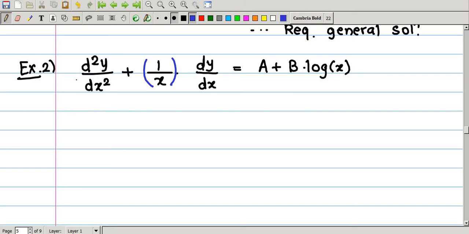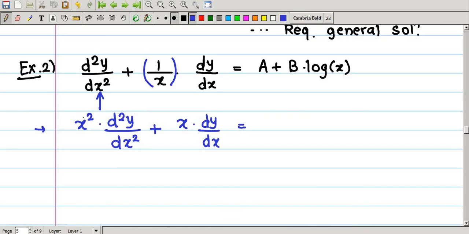So since the derivative is of order 2, we multiply each term by x square. So this will be x square into d square y by dx square plus x into dy by dx. Since we have multiplied both sides by x square, the right hand side will reduce to a times x square plus b times x square into log x.